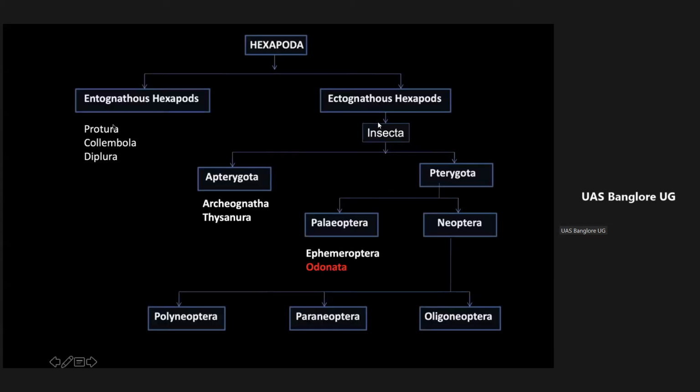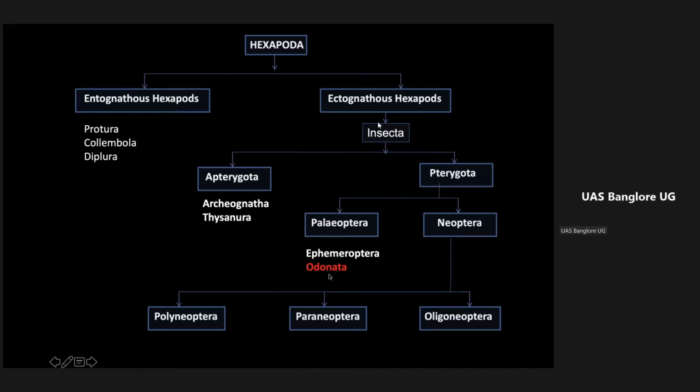We remember that the entognathous orders are Collembola, Protura, and Diplura. Then the ectognathous, where the mouth parts are external, are divided into Apterygota, with Archaeognatha and Thysanura, whereas in Pterygota we have Palaeoptera and Neoptera. Palaeo means primitive and ptera means wing, so they have a primitive type of wings.